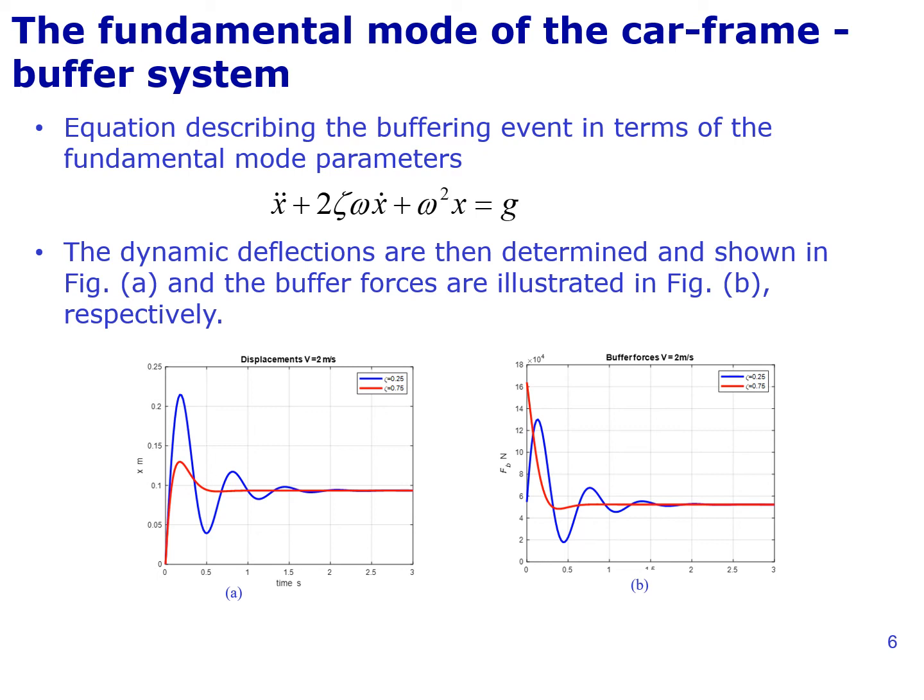After solving this equation for a velocity of 2 meters per second and for two cases of damping ratio, 0.25 and 0.75, we get results for deflection in the frame. The blue line is for the 0.25 damping ratio and the red one for the 0.75 damping ratio. On the right-hand side are the results of the force acting during the buffer event.